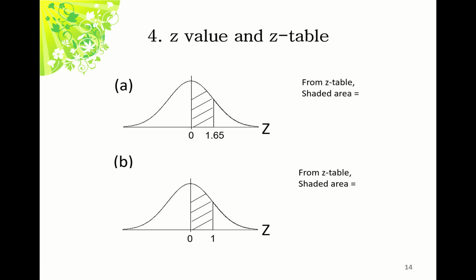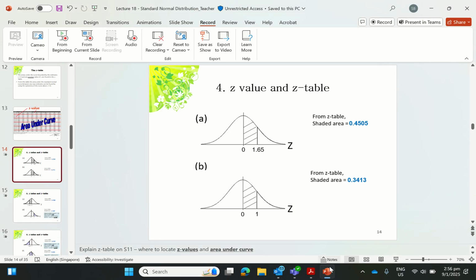Okay, so if my Z value is 1.65, what is the area? Now it's the opposite of what you did in your previous lecture. Now they give you the Z already. Z is 1.65, and I want to find the area here. So I can reverse using the Z table from your last lecture.